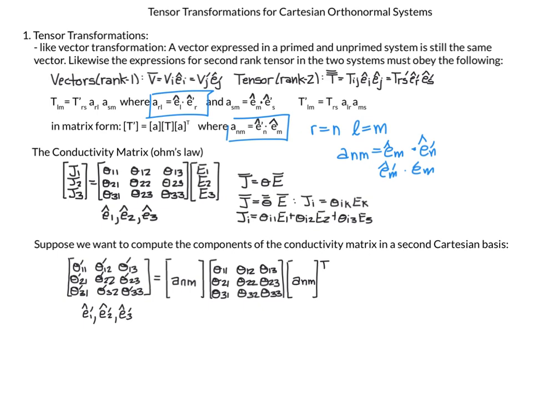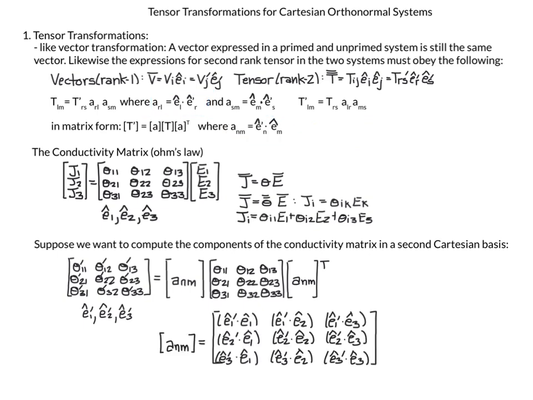Okay, as I mentioned, what we just did is we took our rank 2 tensor, the tensor represented by a matrix, and we converted it from an unprimed basis to a primed basis.